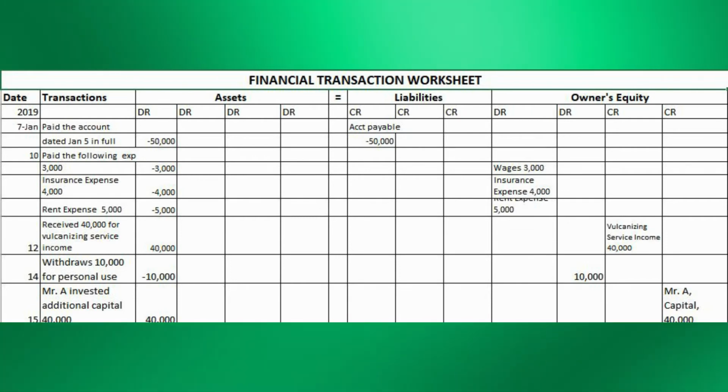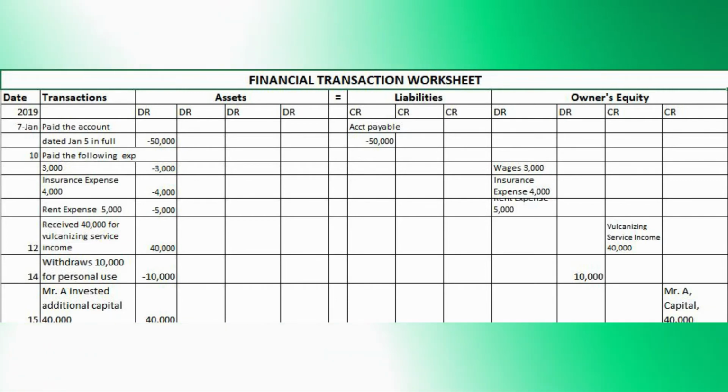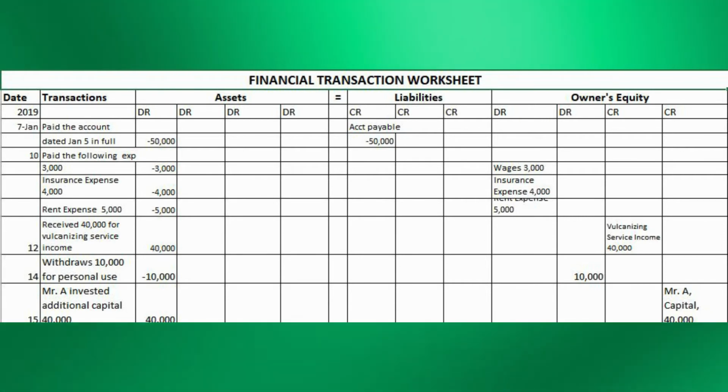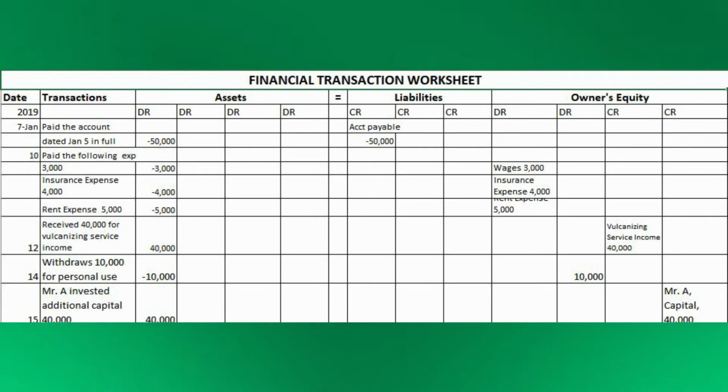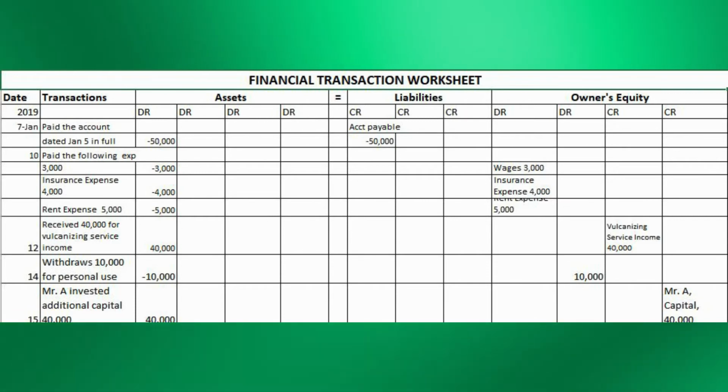Next, we have January 10. We pay some of our expenses. You have salaries 3,000, insurance expense 4,000, and rent expense 5,000. So this is an increase of expenses. However, there is a decrease of the owner's equity.